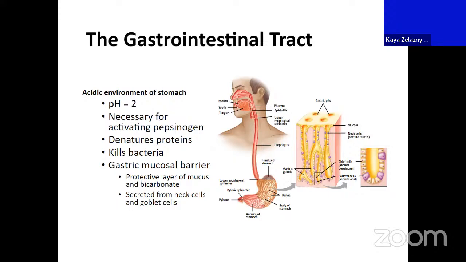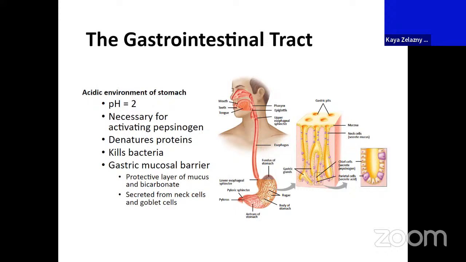The acidity itself, why it can turn pepsinogen into pepsin, is because pH changes the conformation of proteins, so it changes the shape of proteins because those R groups have chemical properties, right? So in addition to changing pepsinogen into pepsin, it also denatures proteins in general.